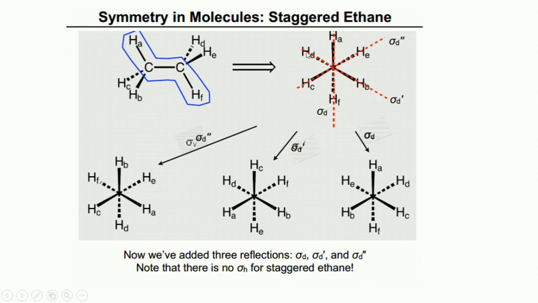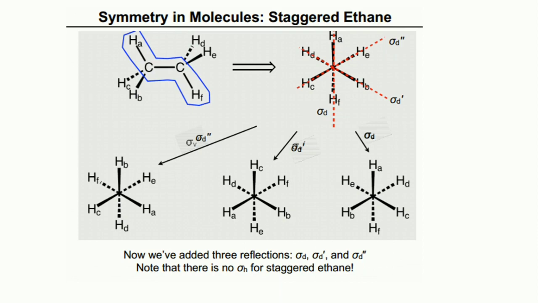If we apply the sigma plane over there, HA will show its shadow over there, while HC will show its effect on the position of HA. Same is the case with HF and HE. They will shift their positions, and here we can see this is actually what happened after applying sigma d dash to the staggered ethane molecule.